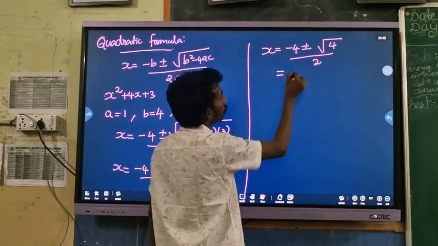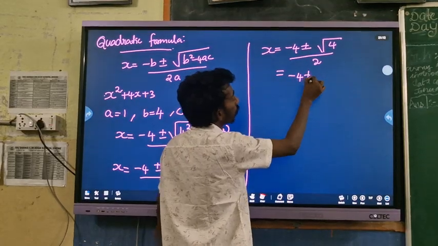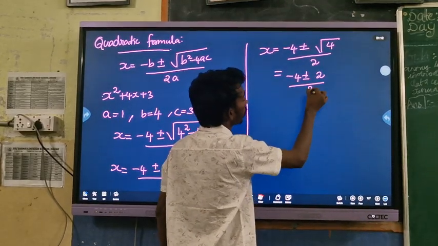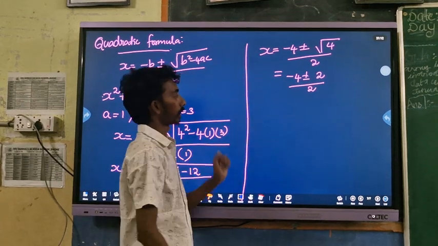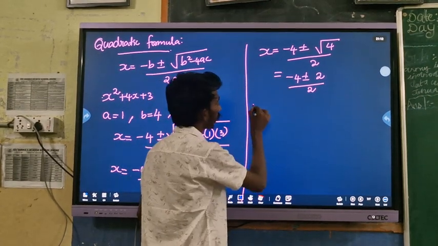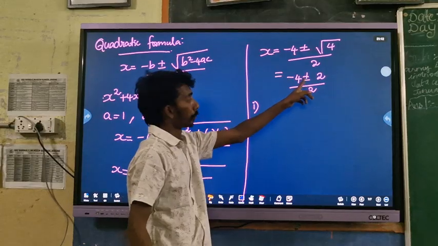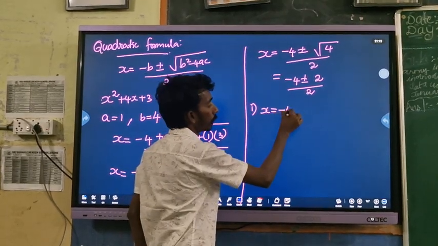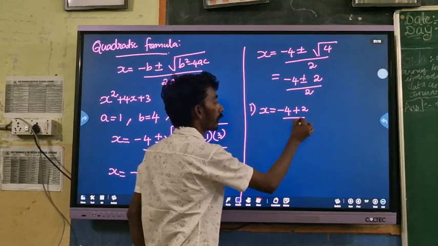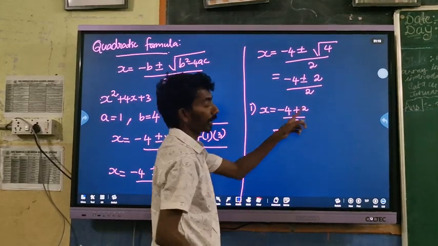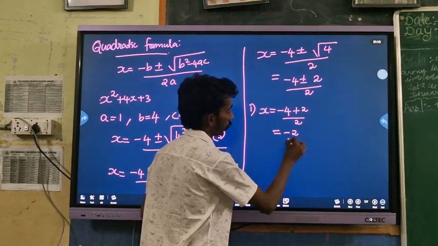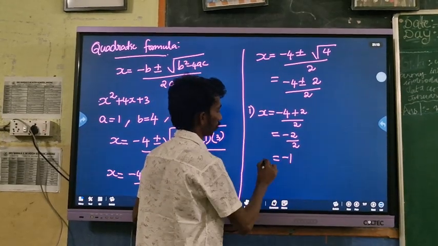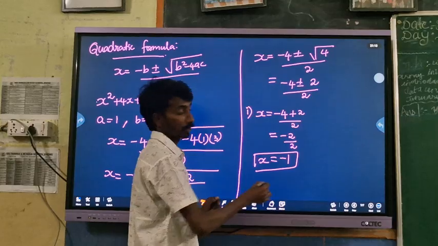So minus 4 plus or minus root 4, which is 2, divided by 2. Now here also we have two cases, plus or minus 2. First, x is equal to minus 4 plus 2 divided by 2. So minus 2 divided by 2 is equal to minus 1. So x is equal to minus 1.